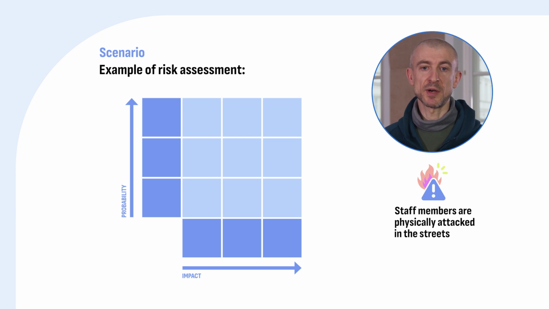Considering what we know about the context and that such incidents happened in the past, we would say the probability can be considered high. The impact could be high too, as they could seriously be injured as a result of an attack. This is a high risk, having high probability and high impact.